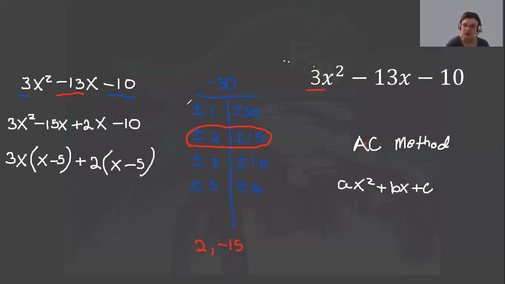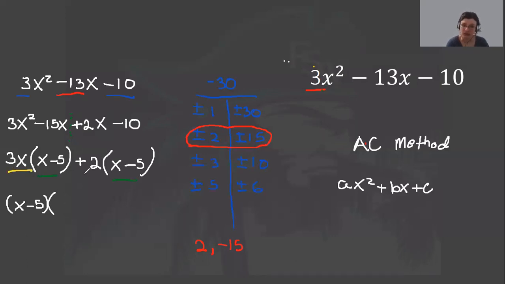Now at this point, you're going to note that they both have a common factor of x minus 5. So that's exactly what we're going to factor out now. Since they both have x minus 5 in common, I can place an x minus 5 here. And then to get my second factor, I'm going to say, okay, if I factored x minus 5 in the first term, all that's left is 3x.